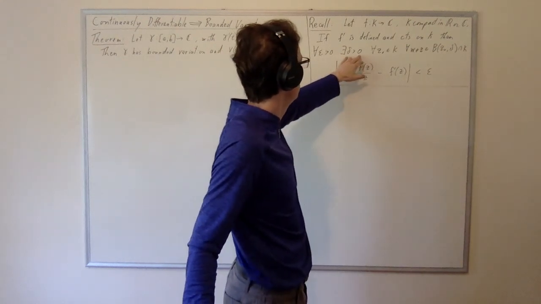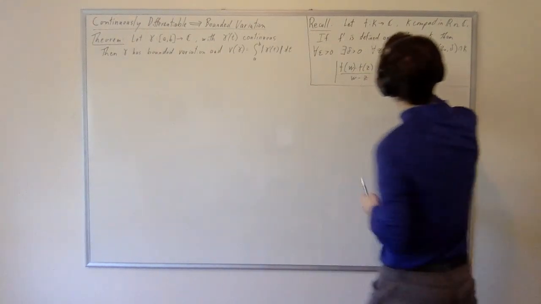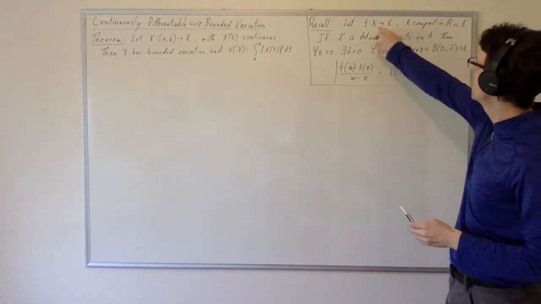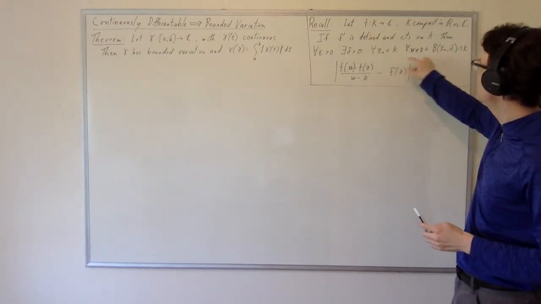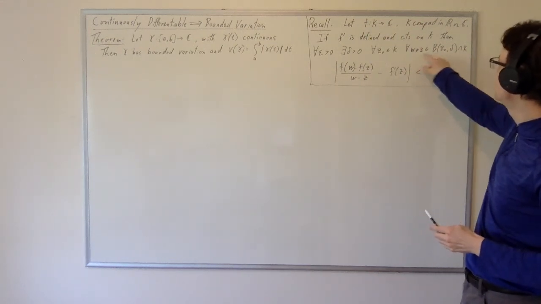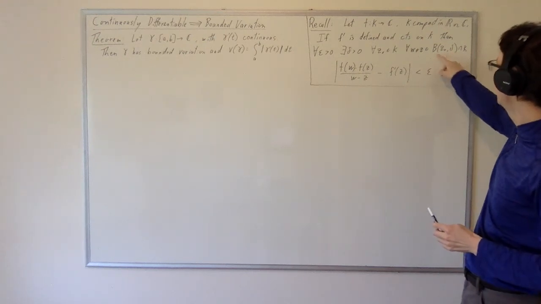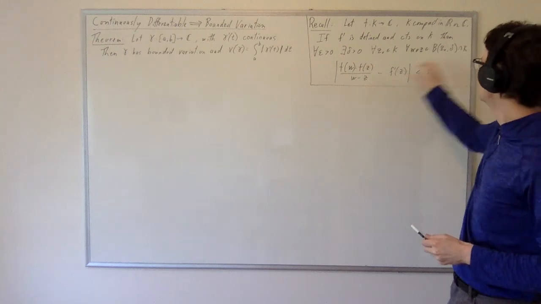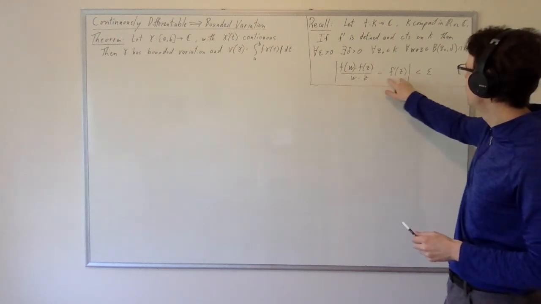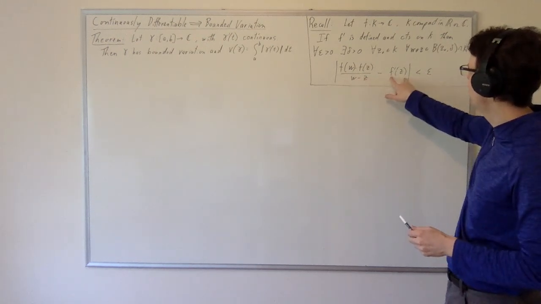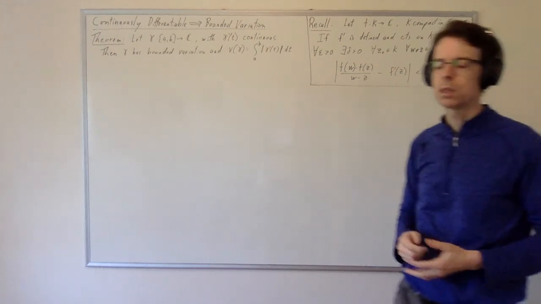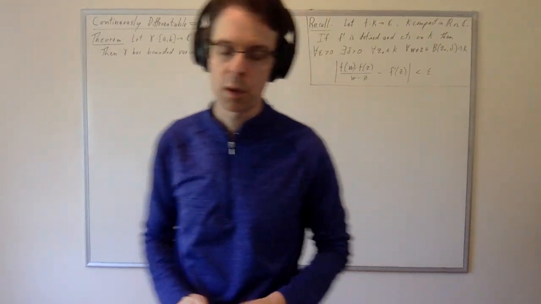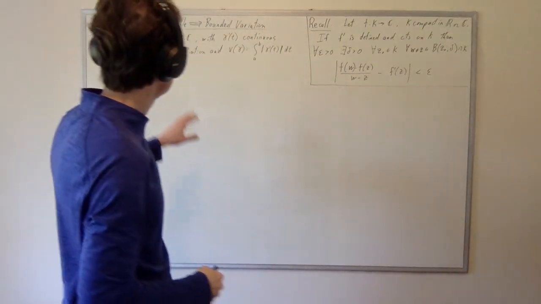For every epsilon, there exists a delta such that for every z in some compact set on which f is defined, and for every w within delta of z, and also in that same compact set, the difference between the difference quotient and the derivative can be made uniformly less than epsilon. So we will use that in the proof, so I want to remind you of it.